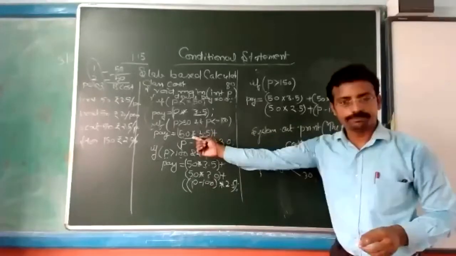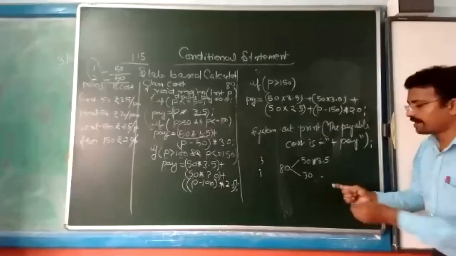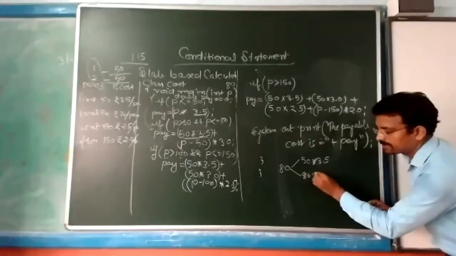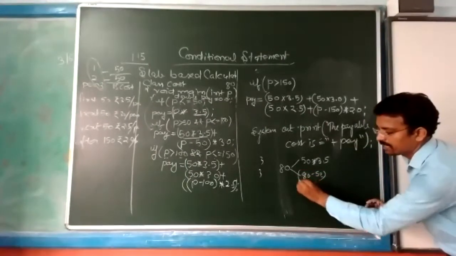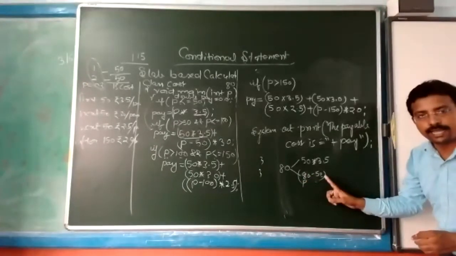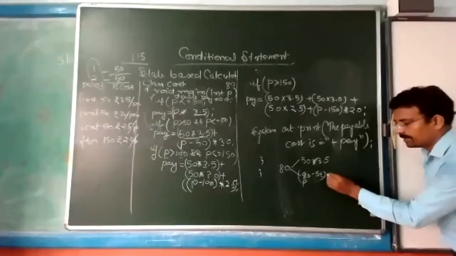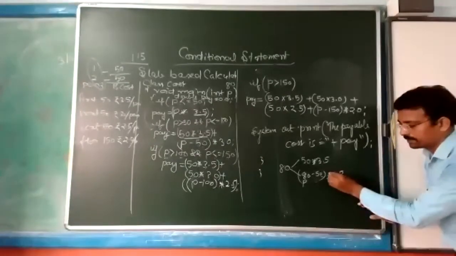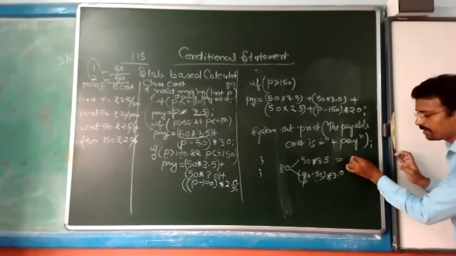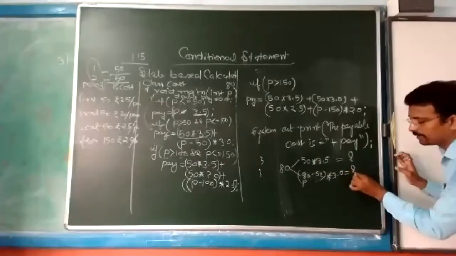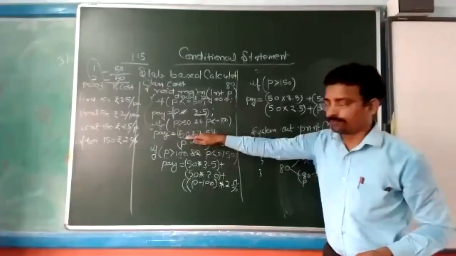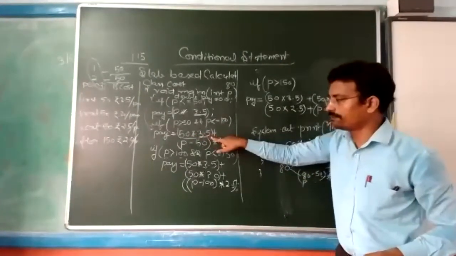And for the second slab, how will we get 30? 80 minus 50. 80 is P. So P minus 50 gives you that 30, which will be multiplied with 3 rupees. So this way, whatever cost comes here and here will be added. Same as we have done: 50 multiplied with 3.5 plus.